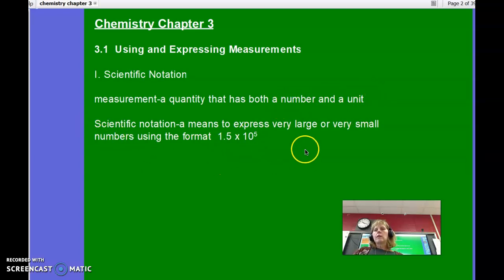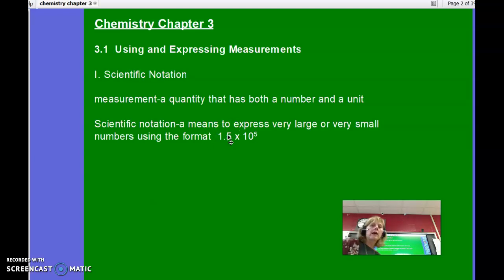Scientific notation is a means to express either very large numbers, like how far away a star is from Earth, or how far another planet is away from Earth, or something along that magnitude. How many bacteria exist in Dower Lake? That would be a really, really large number.